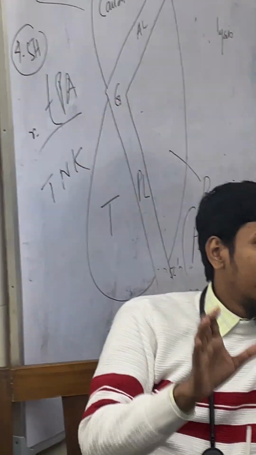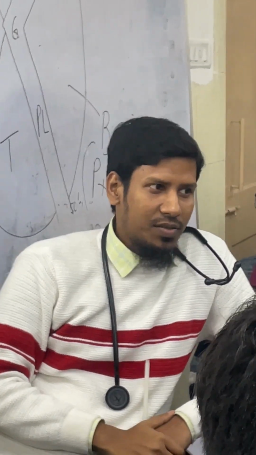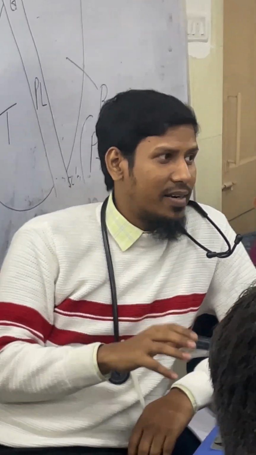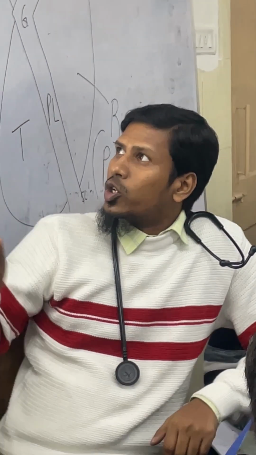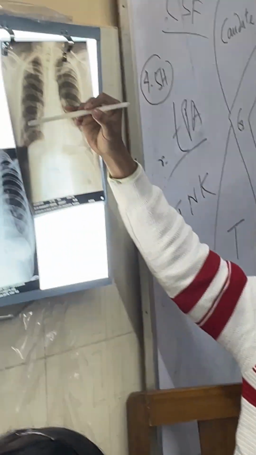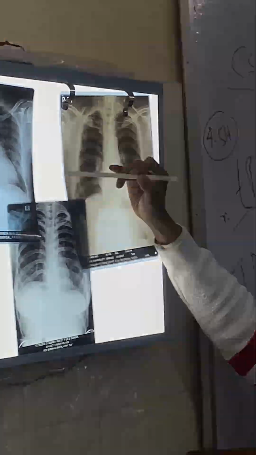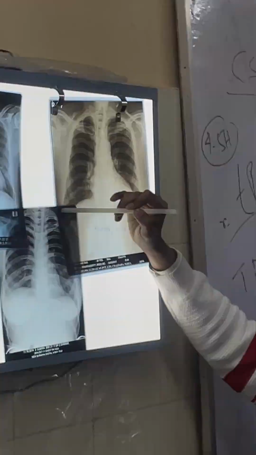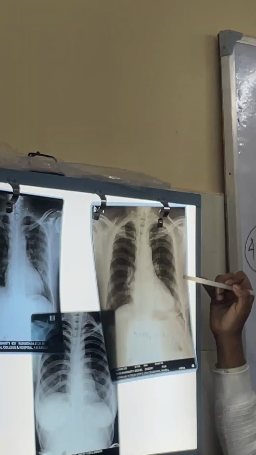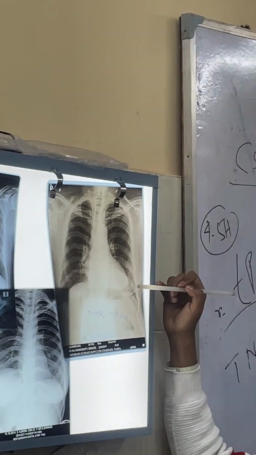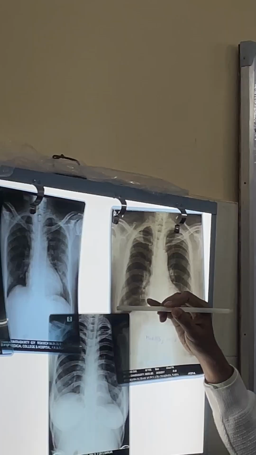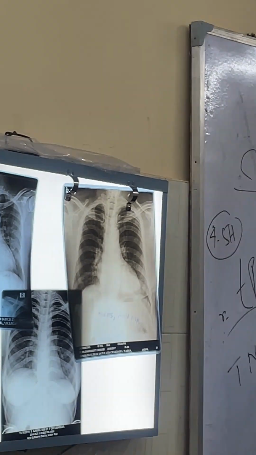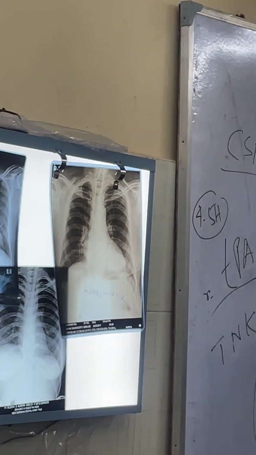Now, this is the border of the heart. Next is the size of the heart. If you draw a tangential line here and a tangential line here, you will get the maximum transverse thoracic diameter.